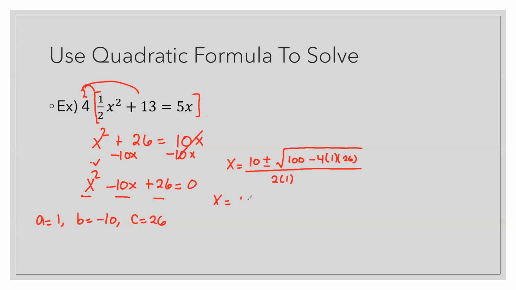Okay, so that's 10 plus or minus, -4 times 26 is -104. So you have 100 minus 104, all over 2. Let me double check my work.